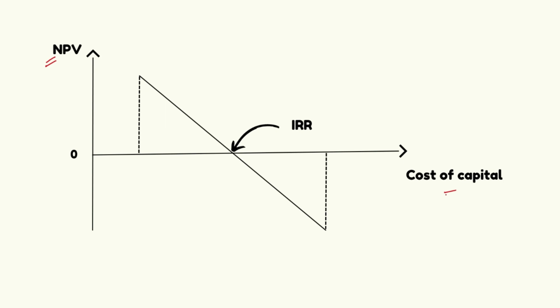The X-axis depicts the cost of capital, or we can consider it as the discount rate. So this is the point we are going to calculate. As we now know, there can be positive NPV values, a zero NPV value, and negative NPV values. So we are going to calculate the rate at which the NPV equals 0.